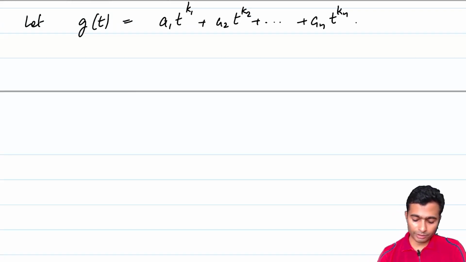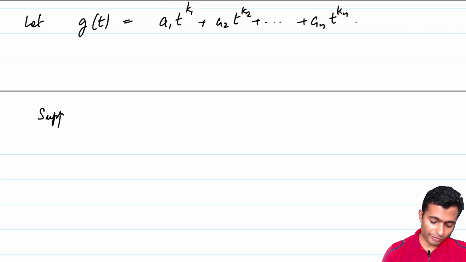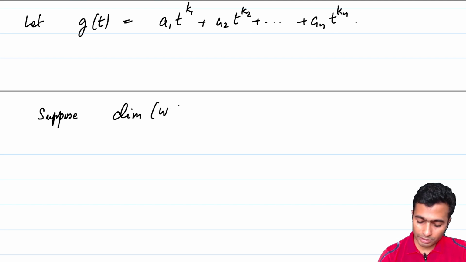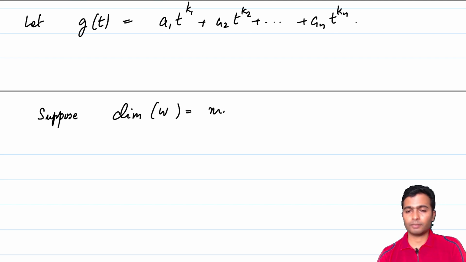What this means is the following. So suppose dimension of W is say m.